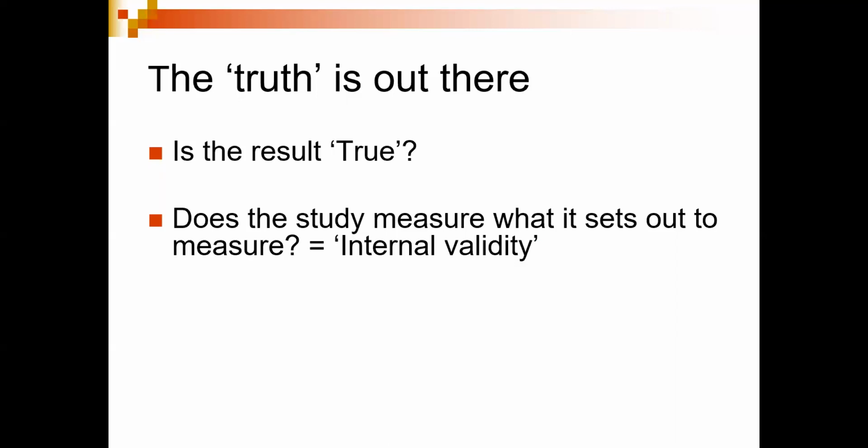One of the important issues is what we call internal validity. Internal validity just refers to: does the study measure what it sets out to measure? Whatever you are assessing, depending on your research question, is it the true thing which you are assessing? Then there are two aspects, internal validity and external validity. Remember, when you are doing studies, we often use samples.